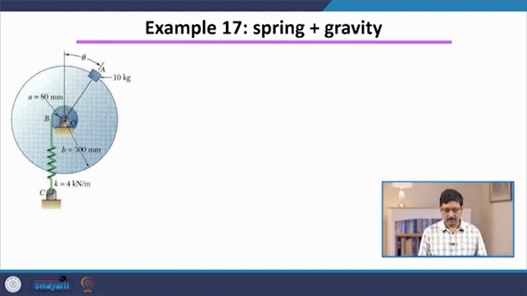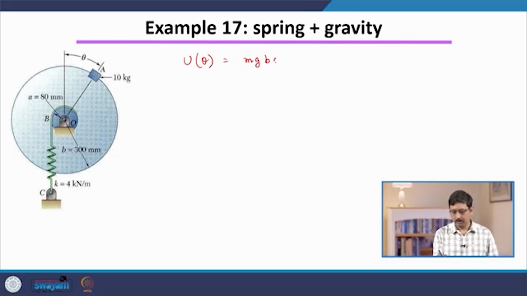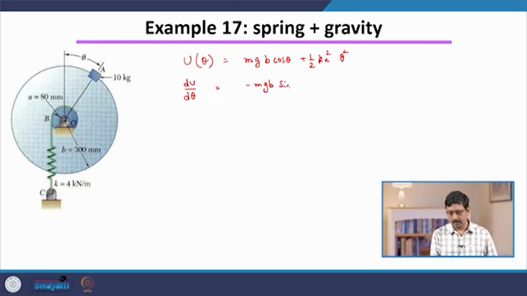Now, formally, since we have u as mgb, let us write it in general terms, half k a square theta square. Then if I calculate du d theta, we get minus mgb sin theta plus k a square theta, and if we set it to 0, that is the condition for an extremum, maximum or minimum.